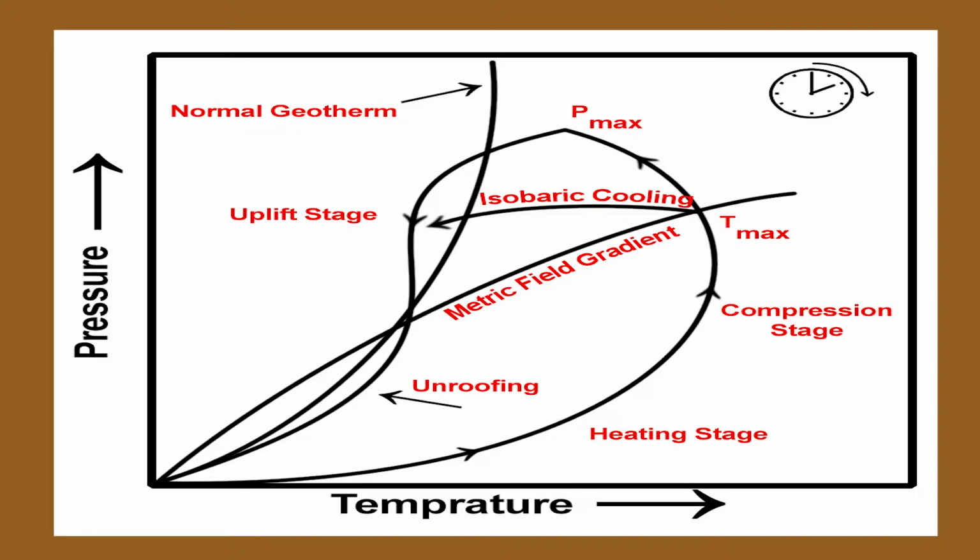Second is the isothermal decompression ITD path, which is the result of adiabatic cooling of rock during their upward movement. The contrasting pressure temperature time paths between metamorphic terrains are due to the variation in tectonic or geodynamic patterns.